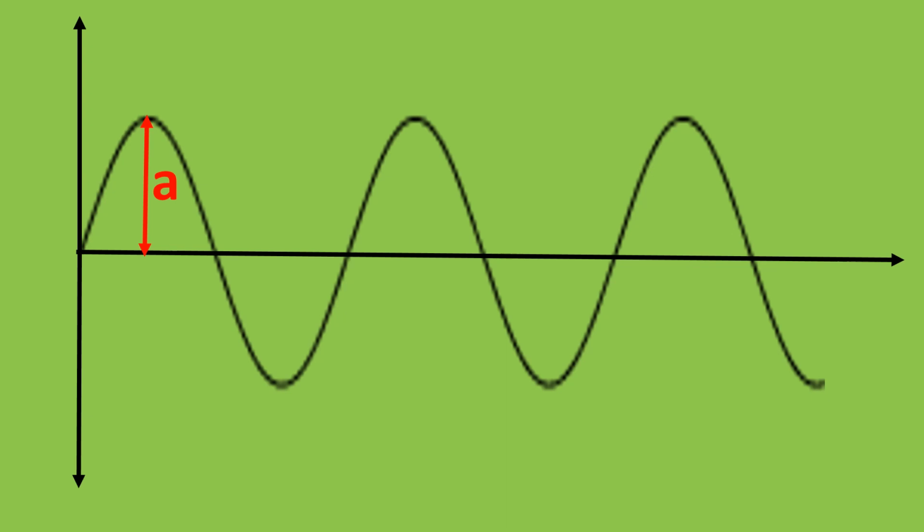That distance is what we call amplitude, or it can be the distance from the mean position to the trough, and that is amplitude. It is worth noting that the distance between a trough and a crest is usually double amplitude.